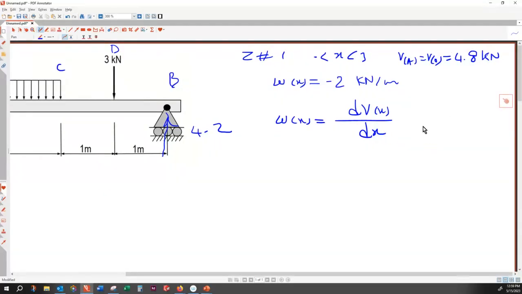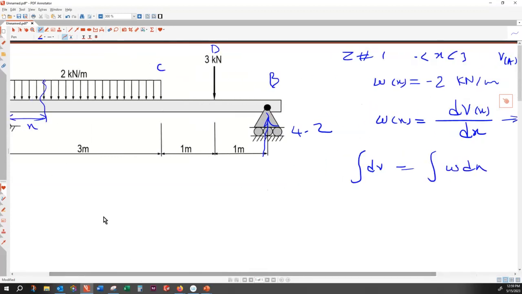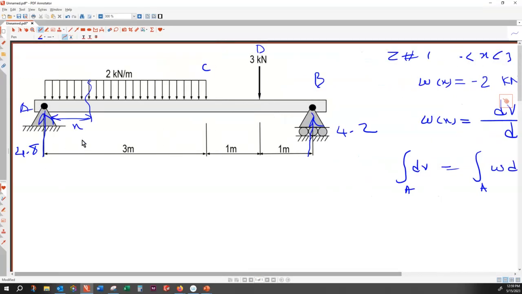If I manipulate this equation, that is dV equal to W dx, right? Then if I take the integral of both sides, the integral of dV is equal to the integral of W dx. And the bounds of the integral, I take between the starting point A to an arbitrary point, which I call point X. So this is X equal to 0.